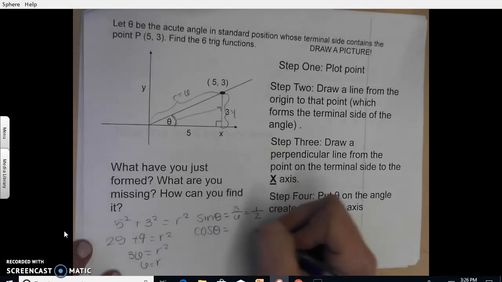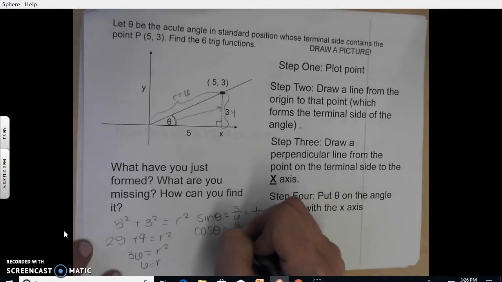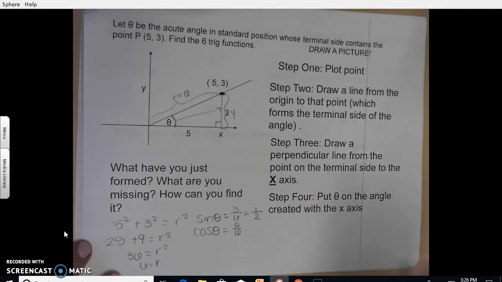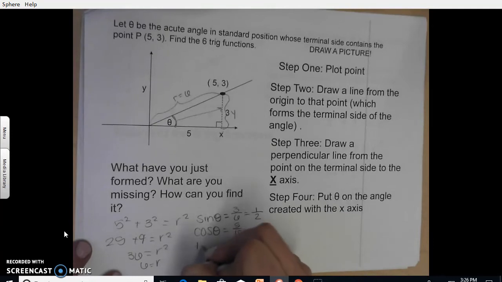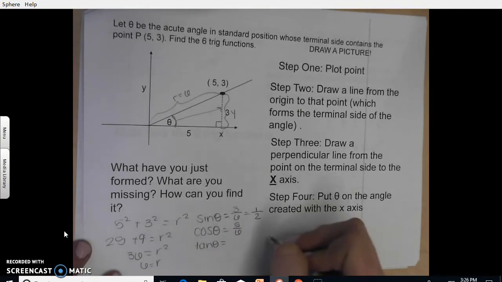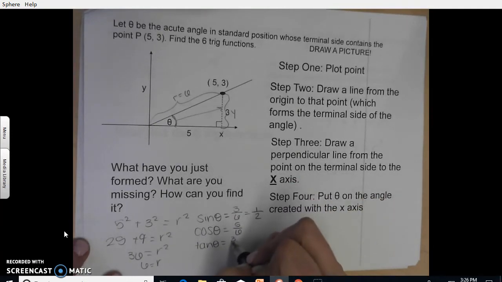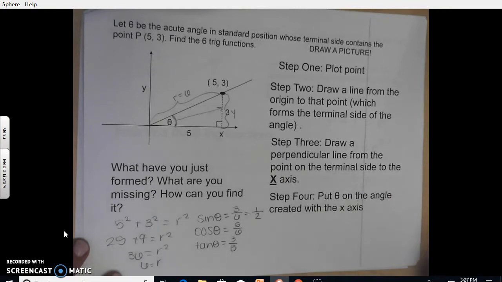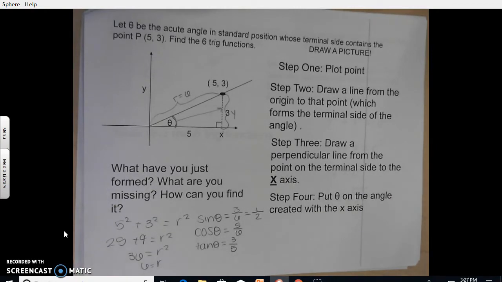Cosine of theta, adjacent over hypotenuse, or x over r, which is 5 over 6. Tangent of theta is 3 over 5, which is opposite over adjacent, which is also y over x.